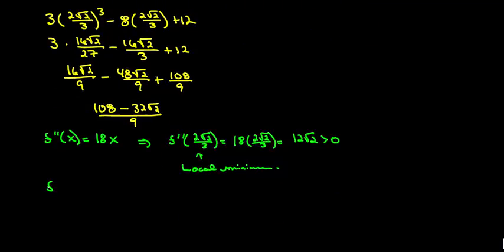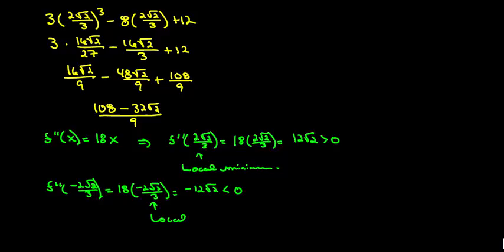And if we do f double prime at negative 2 square roots of 2 over 3, we'll get 18 times negative 2 square roots of 2 over 3. And so that will be negative 12 square roots of 2. And that's negative, right? So this tells us that this guy right here is a local maximum.